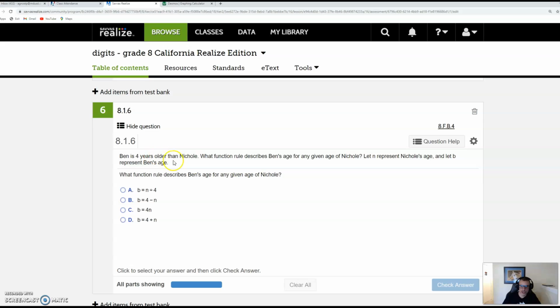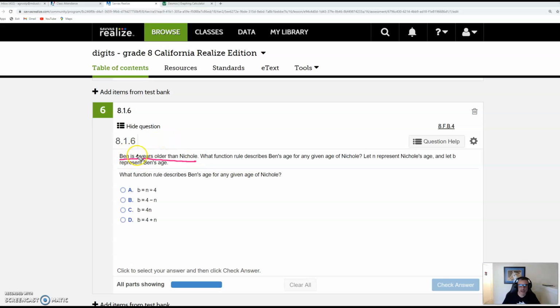Ben is 4 years older than Nicole. What function rule describes Ben's age for any given age of Nicole? Maybe Ben and Nicole are brother and sister, right? He's the older brother, she's the younger sister. And we want to write some equations so that no matter how old Nicole or Ben is, we can always figure out the age of the other.